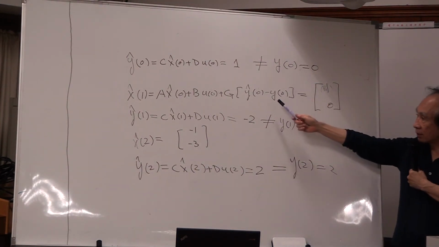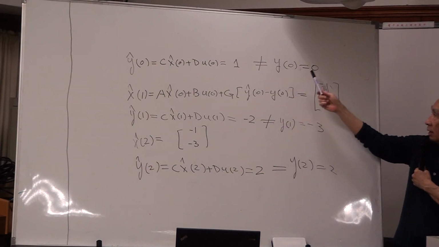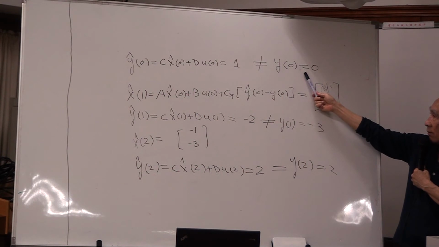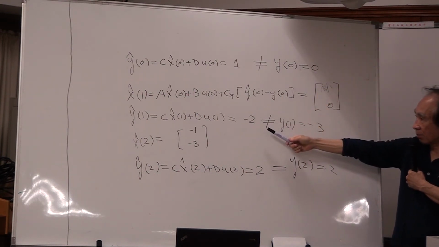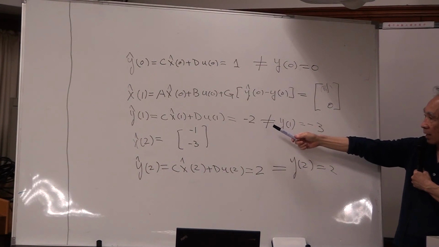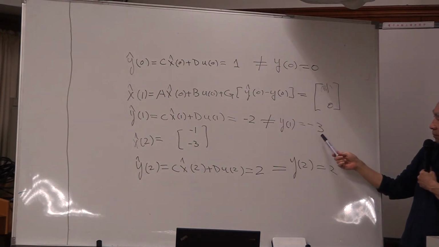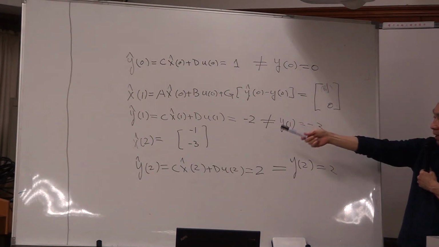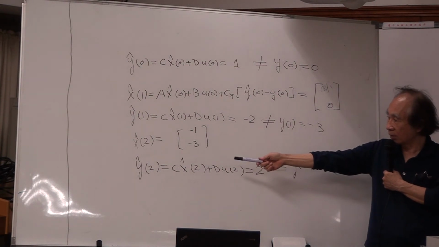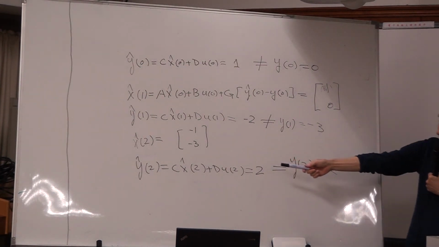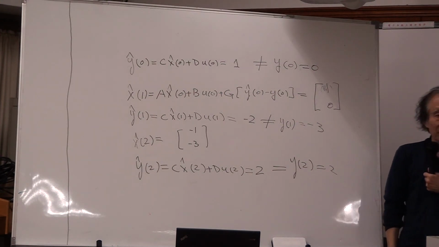So my first estimate, y hat 0, not correct. The next step, y hat 1 equal to -2, but the y1 is -3, so it's not correct either. But my second step, the y hat 2 equal to cx hat 2, then equal to 2, that's the same as your measurement.